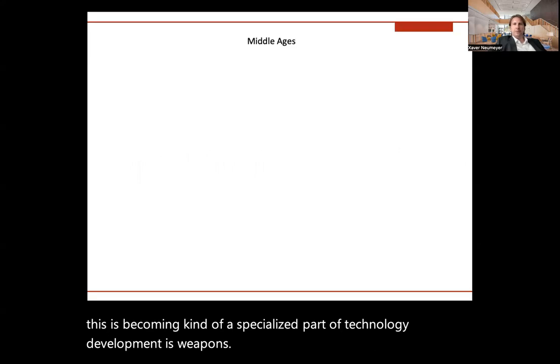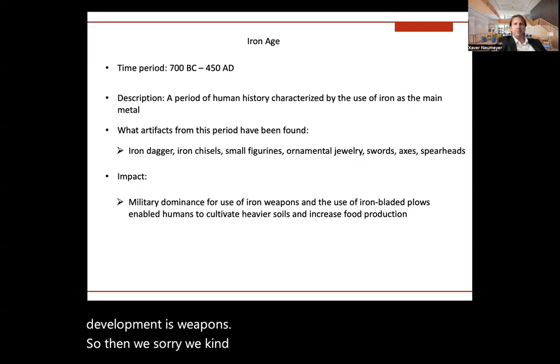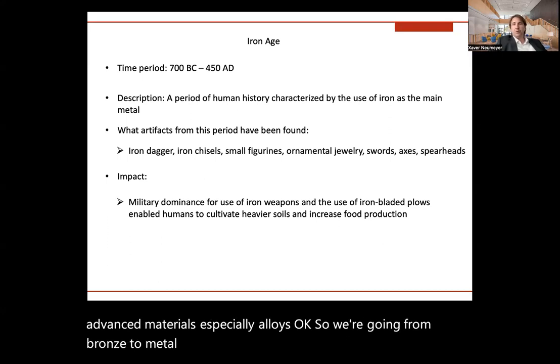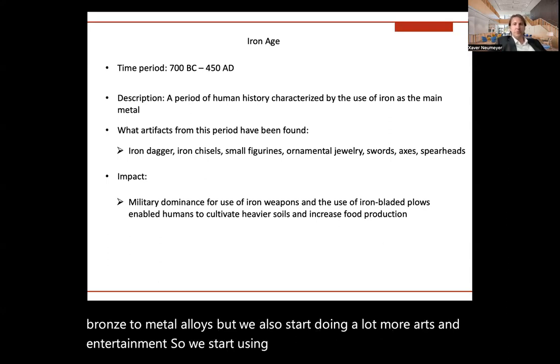Then we start developing more advanced materials, especially alloys. Okay, so we're going from bronze to metal alloys, but we also start doing a lot more arts and entertainment, right? So we started using our production facilities to do that.